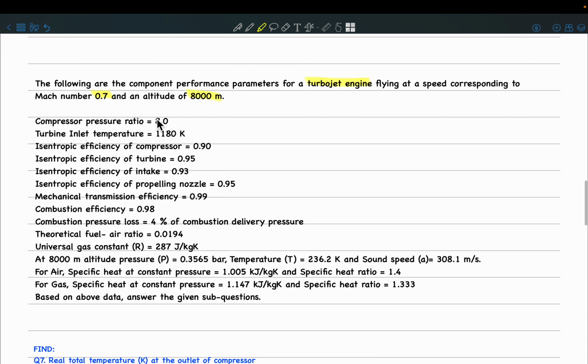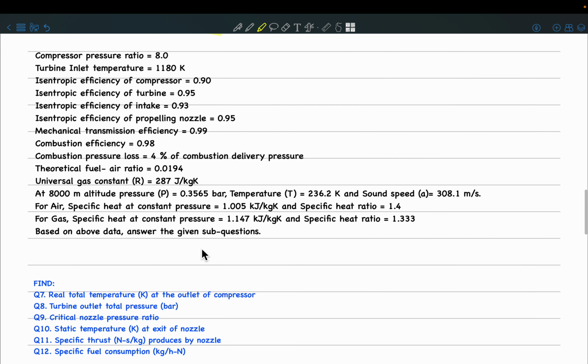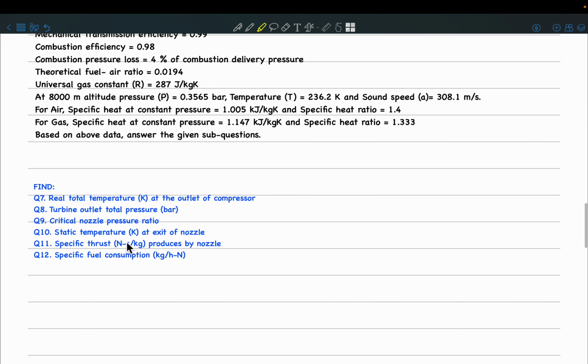So all these values are given, which are needed for calculating the turbojet engine cycle. Then we have been asked to calculate some of these quantities, such as the real total temperature at the outlet of the compressor, the turbine outlet total pressure, and so on. So basically we need to solve the cycle. Okay, so how do we start? We'll start by noting down some important parameters.